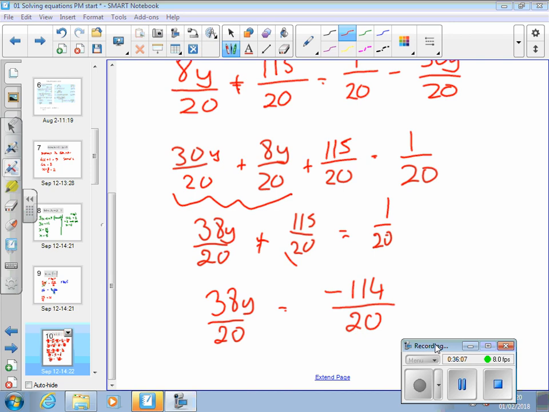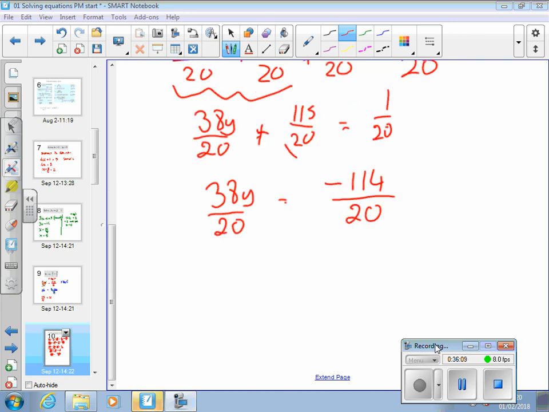So divide by 2, we end up with 19 over 10 y is equal to, and these are both divided by 2, won't they? 57 over 10. Yeah.